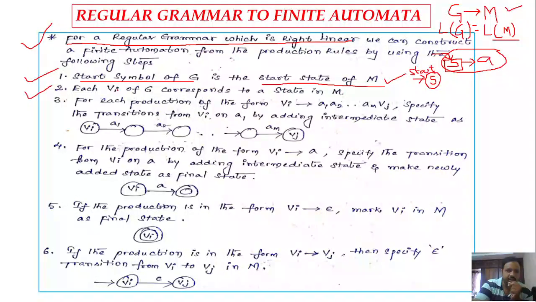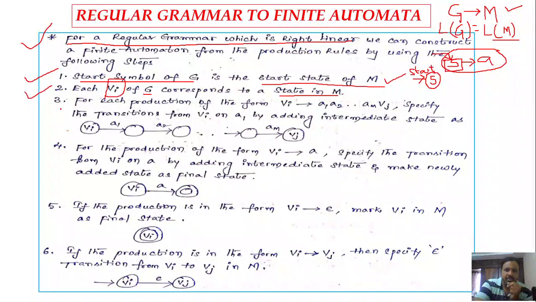Next, second point: for each Vi, that means for each variable of grammar G, corresponds to a state in M, right? So based upon the number of non-terminals or variables in your grammar, that many states are going to be considered in the finite automata.